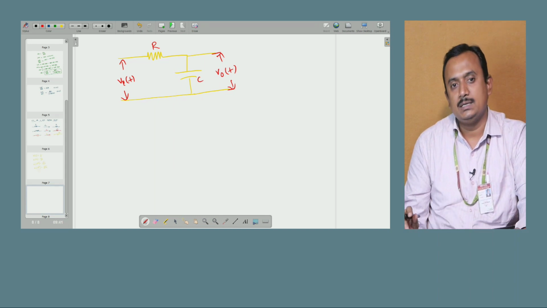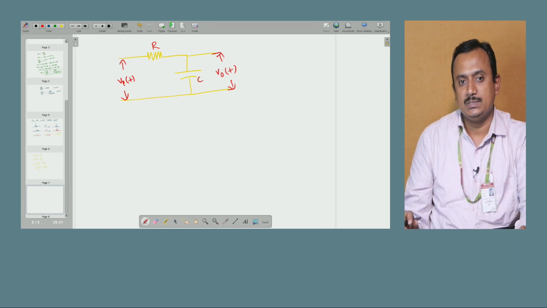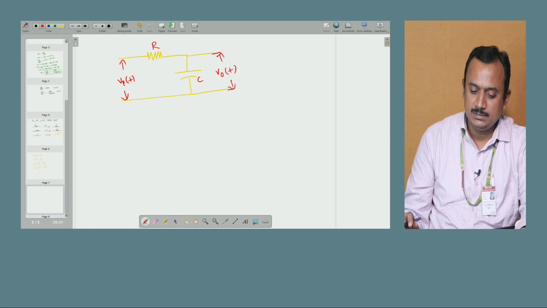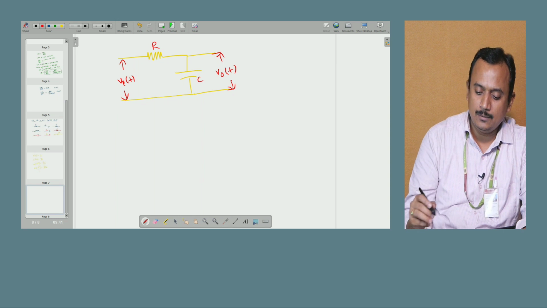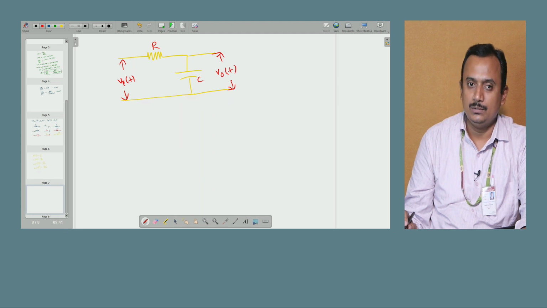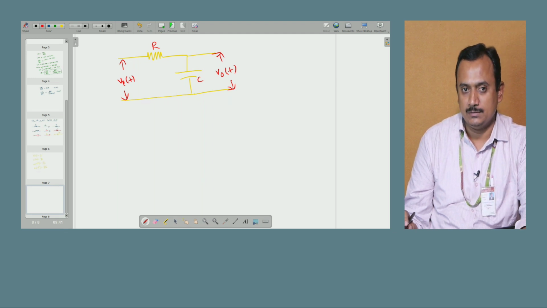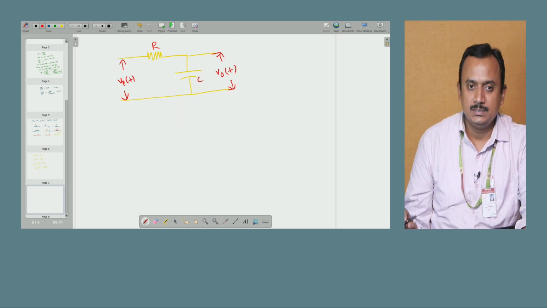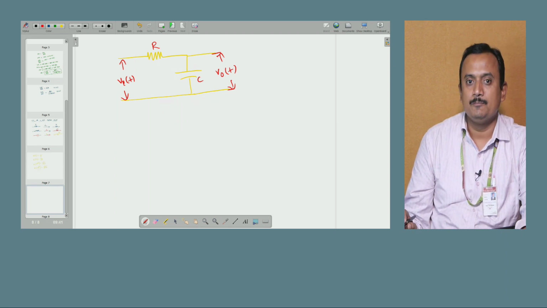Now this RC series circuit is also known as a first order circuit. The meaning is, since there is only one energy storage element, the order of the equation we are going to get is a first order equation. That is the reason this RC series circuit is also known as a first order circuit.